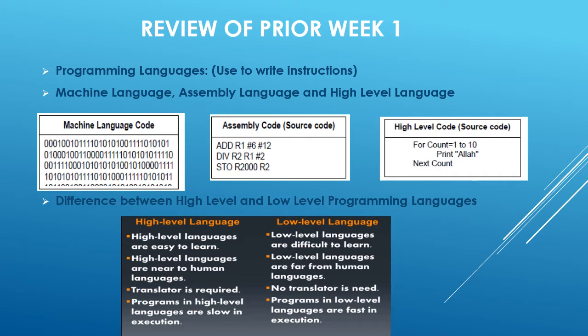High-level language programs require translators, while low-level language programs do not require a translator. Programs written in high-level languages are slow in execution, while programs written in low-level languages are fast in execution because they are already in the form of zeros and ones and they do not require translation.